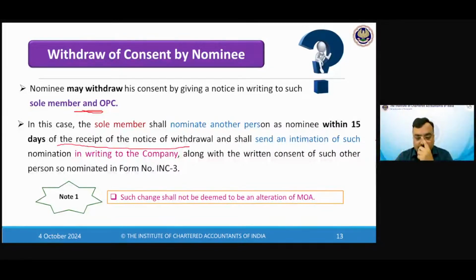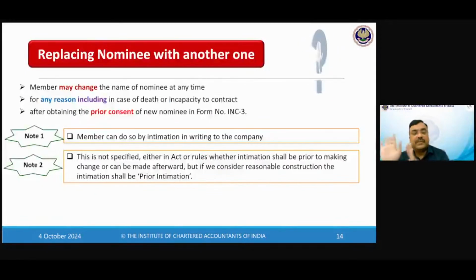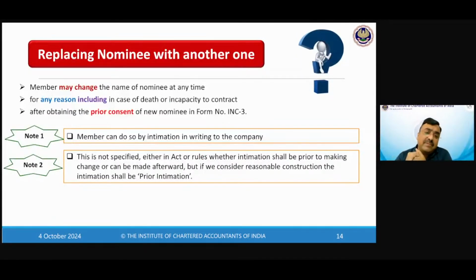An important thing, this change shall not be considered as alteration of MOA. Right? So, एक बात तो हो गई कि nominee has right to withdraw his consent, but whether member can replace the nominee? क्या member ने पहले appoint किया, अब क्या बाद में change कर सकता है? The law says yes.